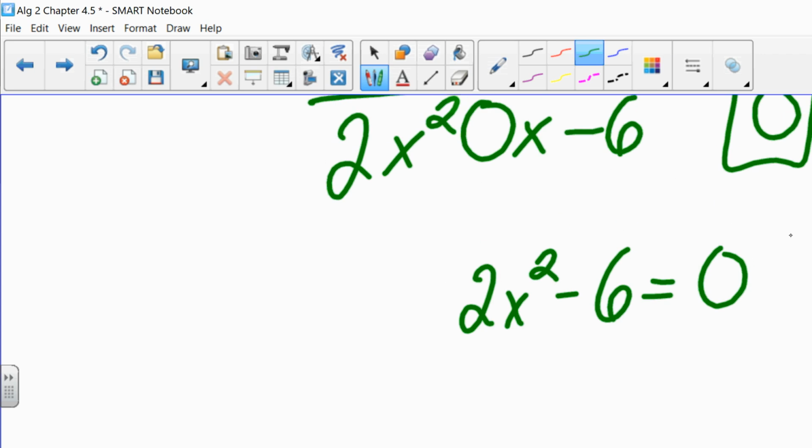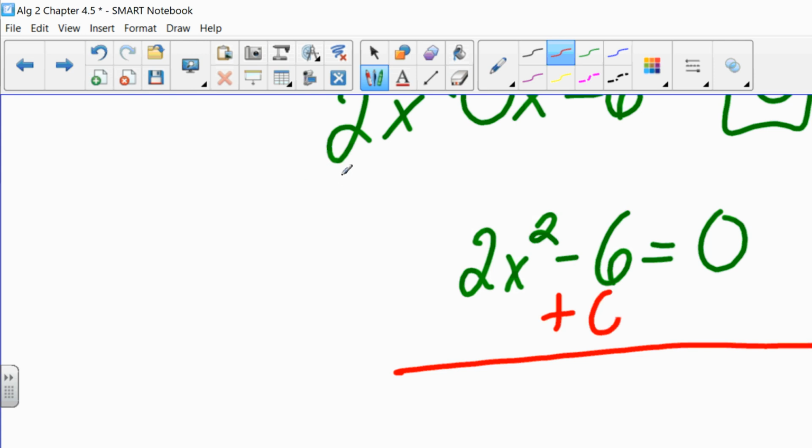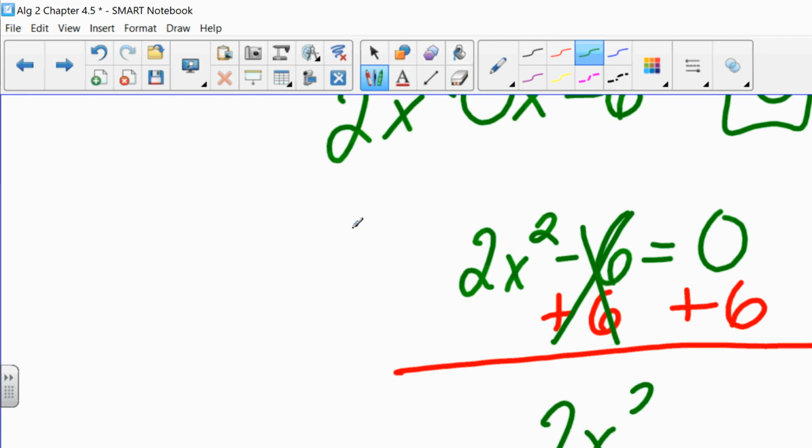Isn't that nice? We have an equation. Do we have a middle term? So what method can we use to solve it? Square root method. So what can I do first to both sides? We can add 6. Because negative 6 plus 6 would be 0, leaving us with 2x squared is equal to 6.